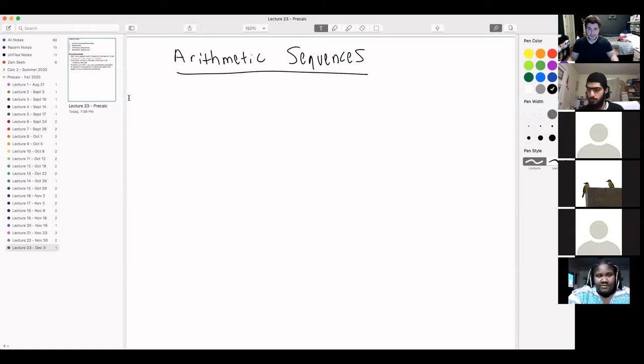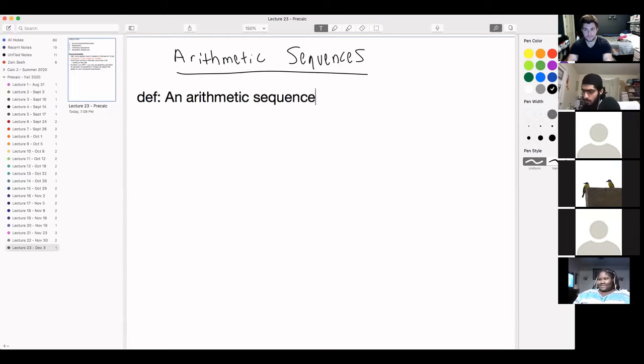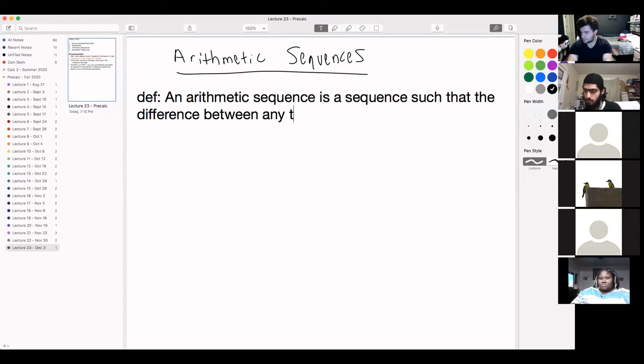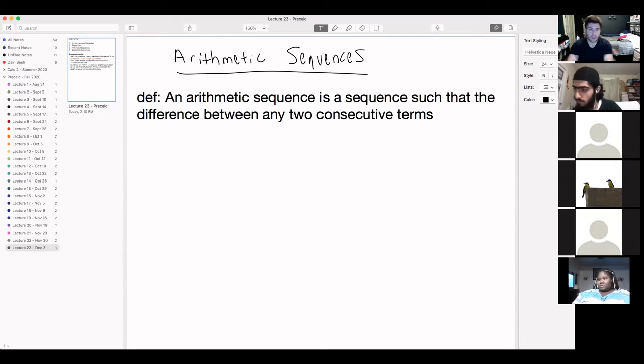I'm just going to type this. Definition. An arithmetic sequence is a sequence, first of all, such that the difference between any two consecutive terms is the same.